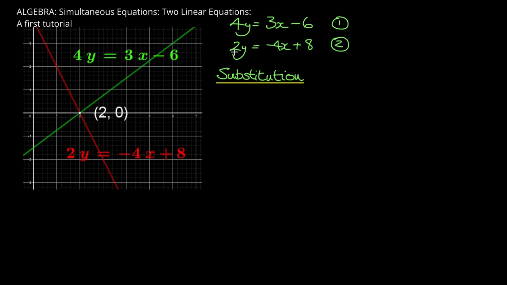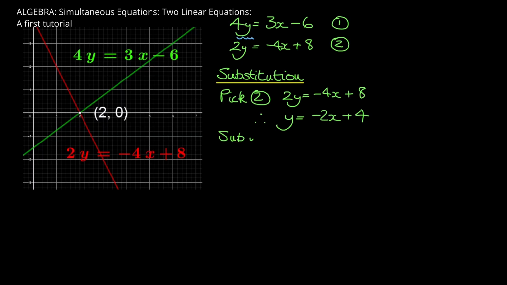What you do is you pick one of the equations and make y the subject, a single y. If I pick 2, therefore, dividing through by 2, I get y is equal to negative 2x plus 4. So I've got y from the second equation, and I'm now going to substitute that and replace the y here with negative 2x plus 4.